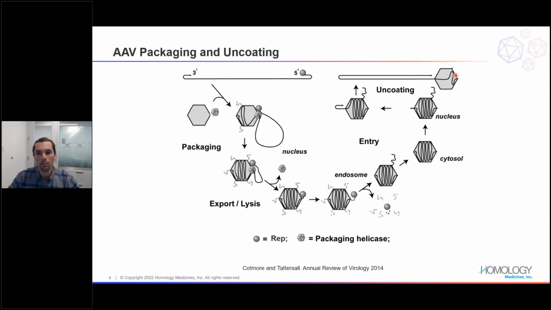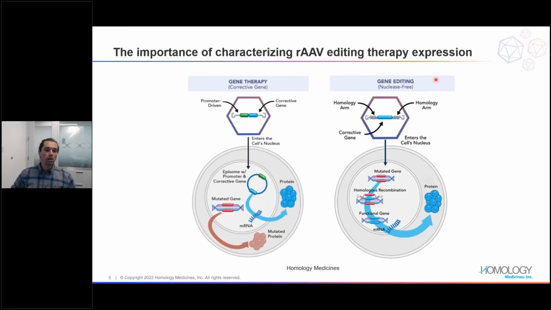Once it exits the cell and infects another cell, it uncoats itself in the same direction, 3' to 5'. So again, we are able to repurpose this AAV just by putting a therapeutic payload in between these two ITRs.